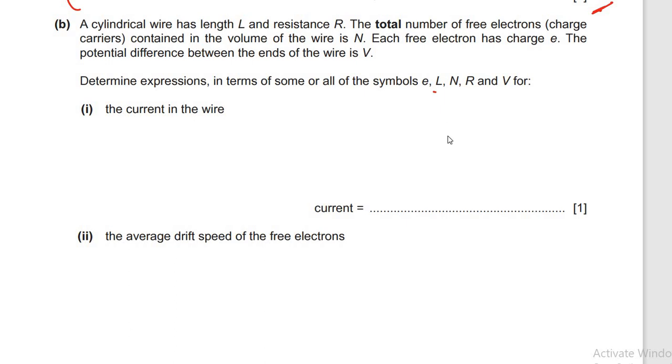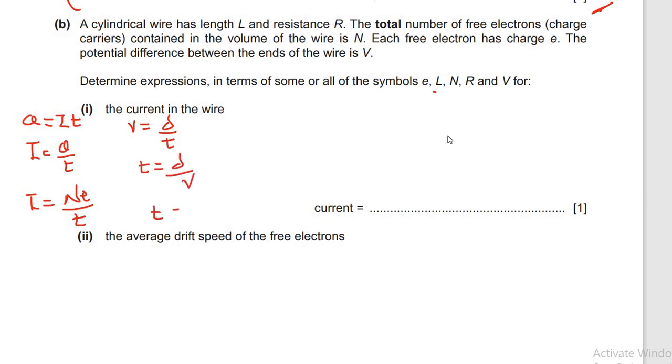Remember that charge is equal to I times t, so current is charge over time. Charge can also be the number of electrons times e, over time. Remember that velocity is distance over time, so time is distance over velocity. In this case, the distance is L, the length of the wire, over velocity.